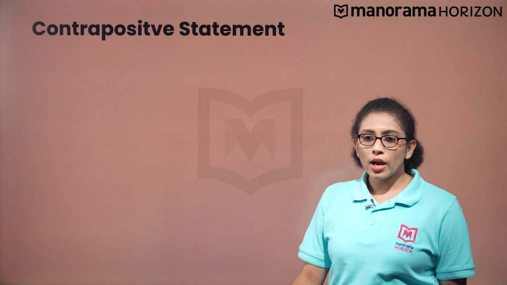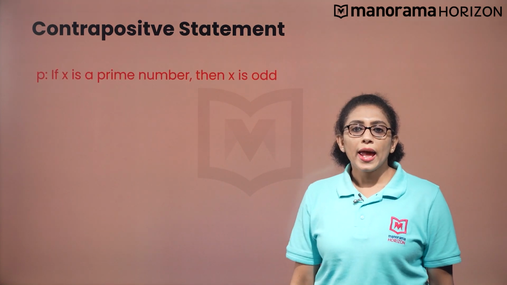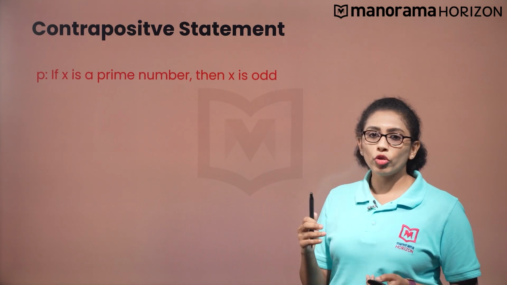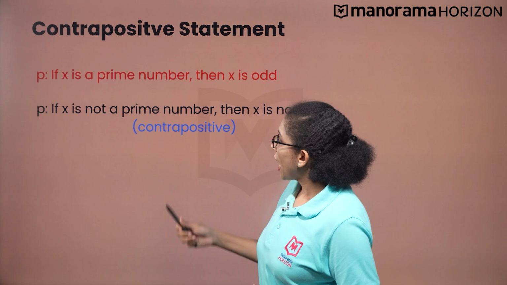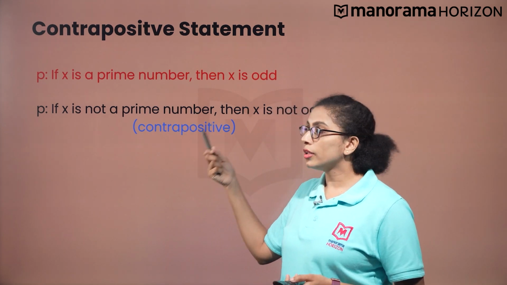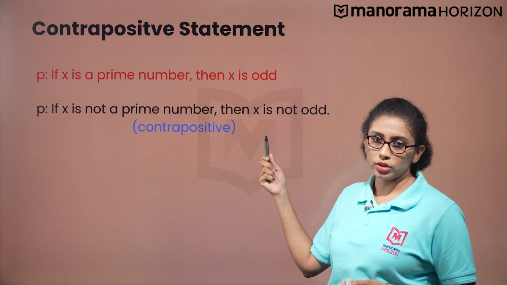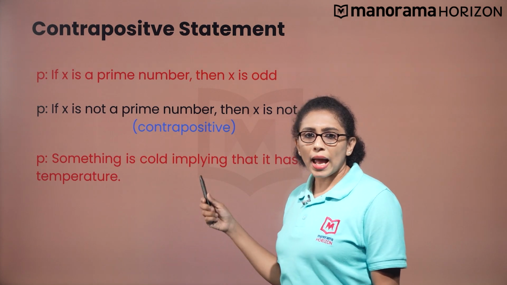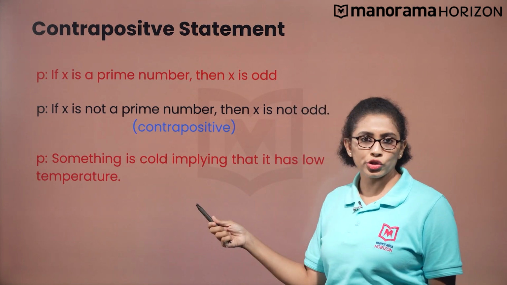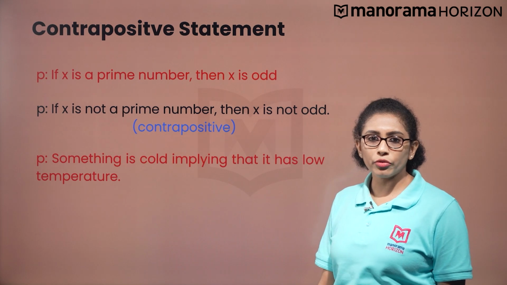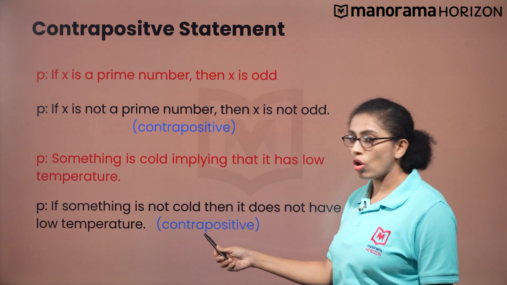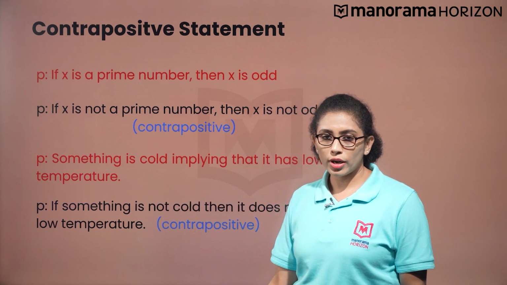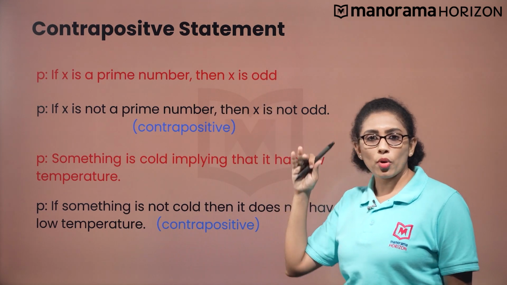Alright, let's see another statement. If x is a prime number, then x is odd. The contrapositive for the given statement is if x is not a prime number, then x is not odd. Alright. Next statement is something is cold, implying that it has low temperature. Now what will be the contrapositive statement for this? If something is not cold, then it does not have low temperature. Alright. This is what is called the contrapositive statement.